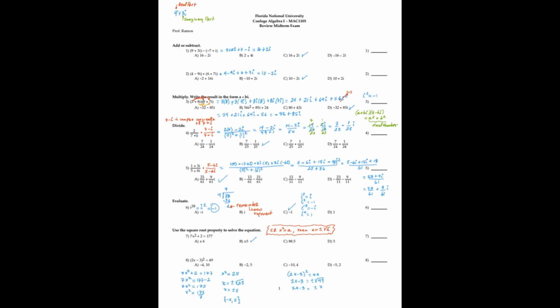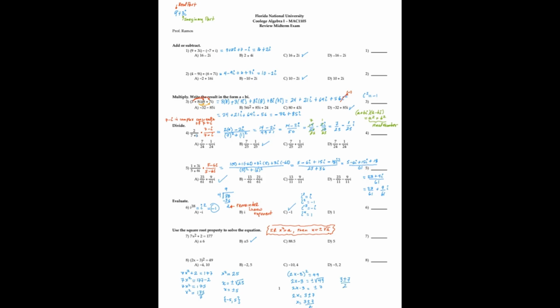Now, what are we doing next? Adding 3 to both sides. So we get 2x equals 3 plus minus 7. And now we divide by 2 both sides. So x equals 3 plus minus 7 over 2. Now, when you have 3 plus minus 7 over 2, you have two solutions, right?